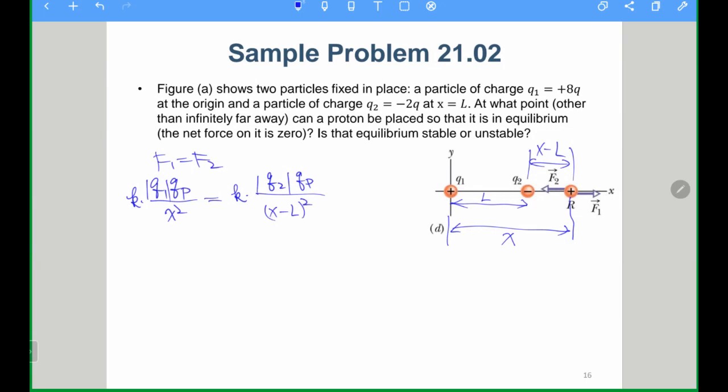So here we can simply cancel K, cancel QP, and then we can plug in Q1 will be 8Q, over x squared equals the absolute value of negative 2Q, which is 2Q, over x minus L quantity squared.